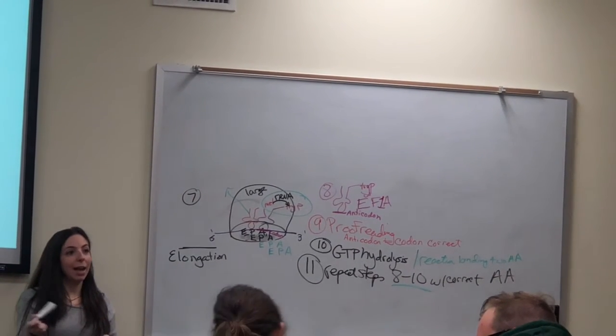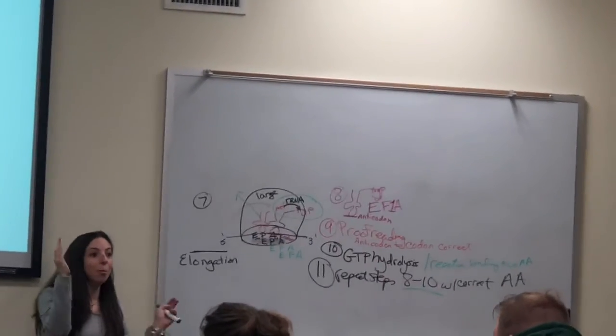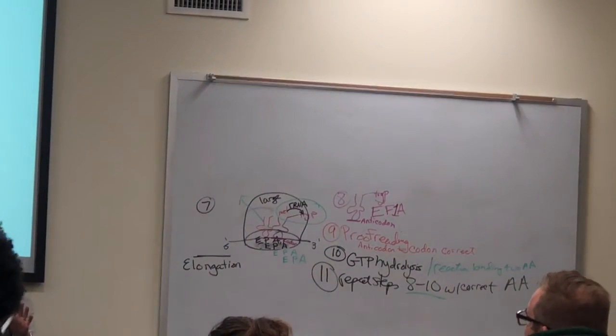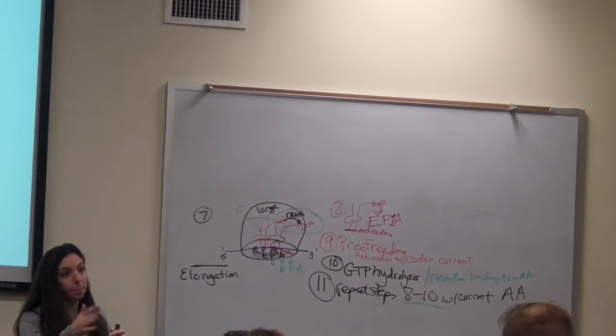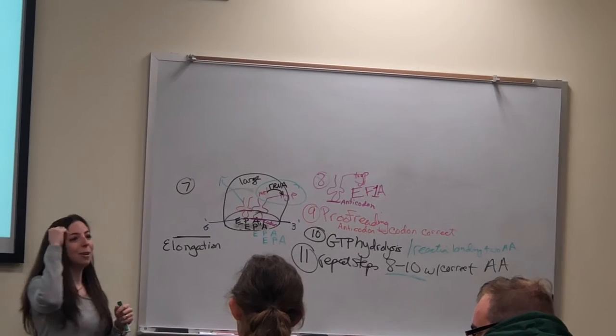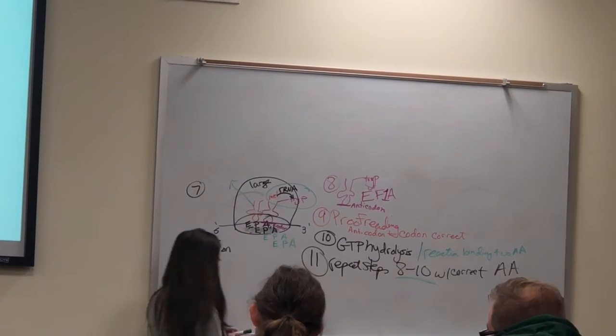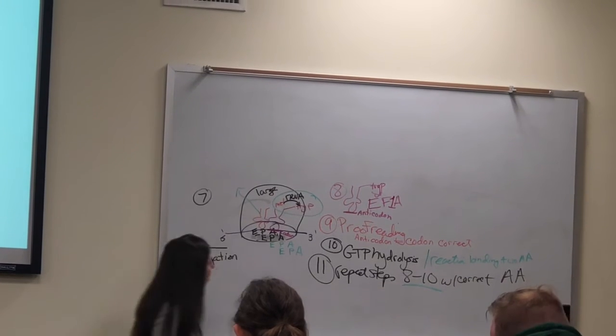So it's catalyzed in the P area, but they end up in the A, and at that moment, everybody shifts downward 3 codons and moves to the new sites. There are some good YouTube videos I may post for you all to actually see it. It may help. All right.